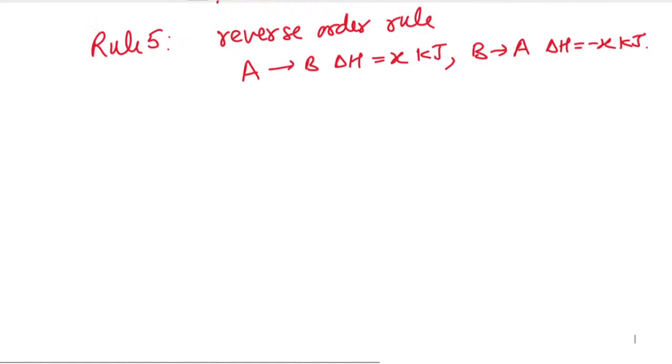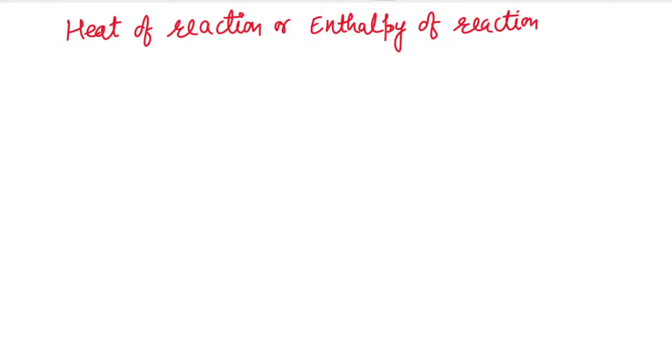Right. So next is heat of reaction or enthalpy of reaction. It is denoted by delta R H. This R indicates enthalpy of reaction. So what is enthalpy of reaction?